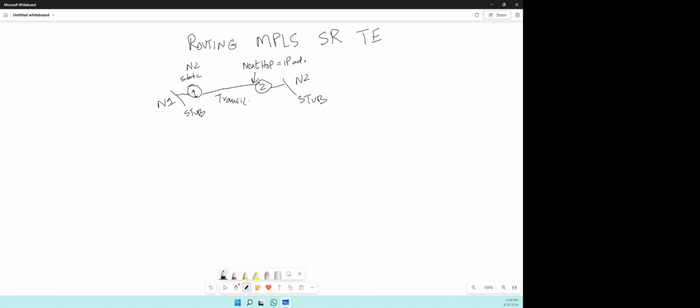So you're telling this router that to go to N2, your next hop is this. And when the packet comes, says, I want to go to N2, the static route says, go to the next hop. And this guy says, oh yeah, it's a connected network.